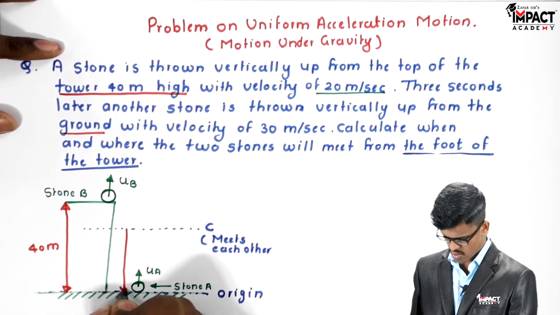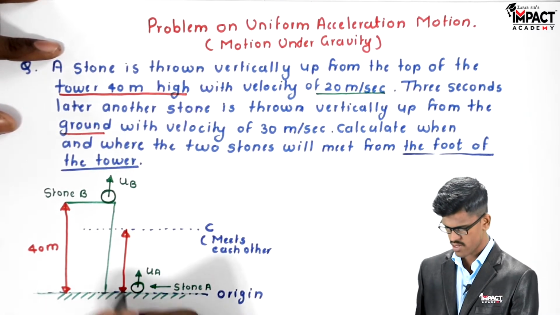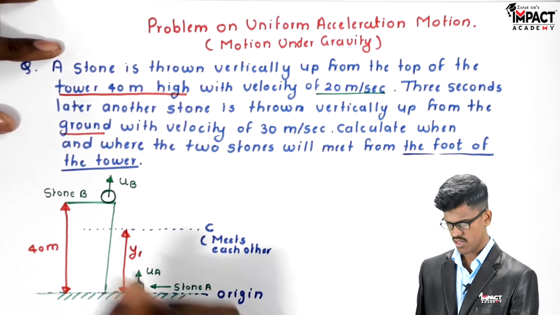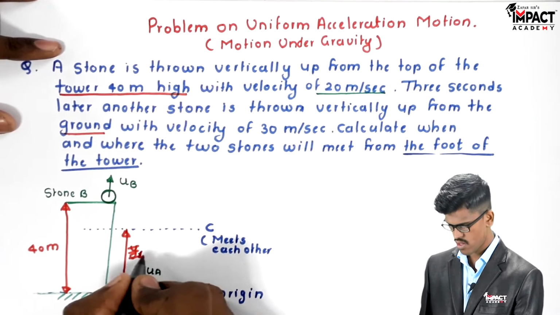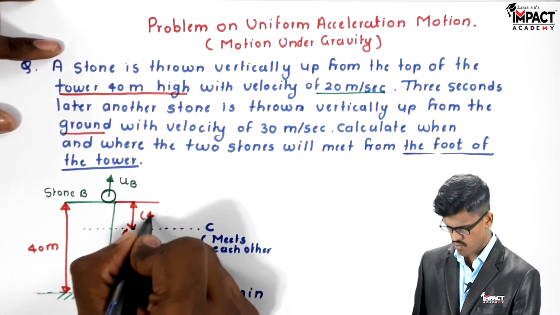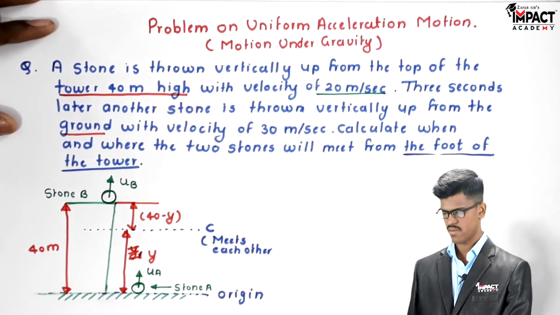Let y be the distance, or displacement, of stone A up to point C. Then the remaining distance will be 40 minus y. Okay, so let's start with the solution.